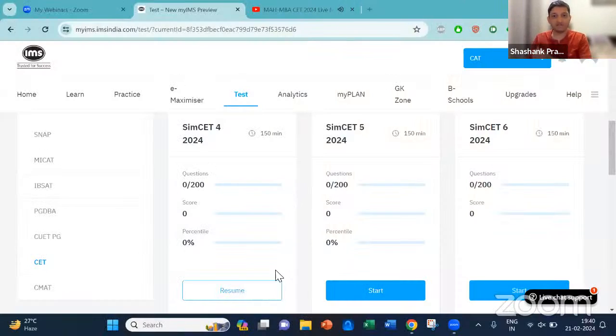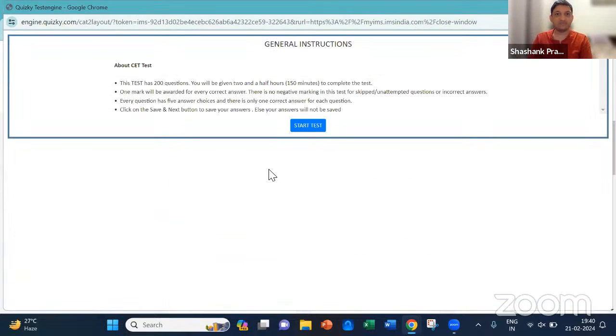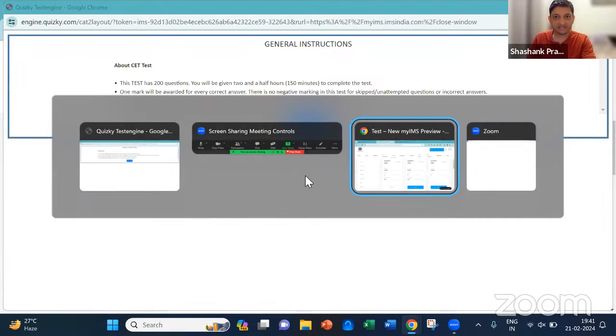Right, so I'll do one thing. I'll share the entire window, so that you know what exactly it is that I'm experiencing. Just give me a second. All right, perfect. So that is basically the screen that I'm on. I'll just go to the other screen that I was on.